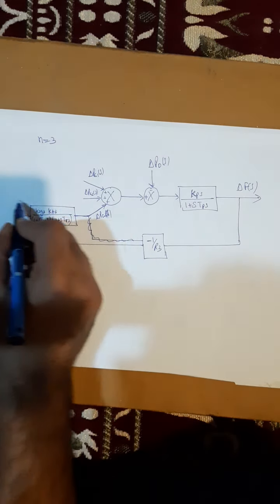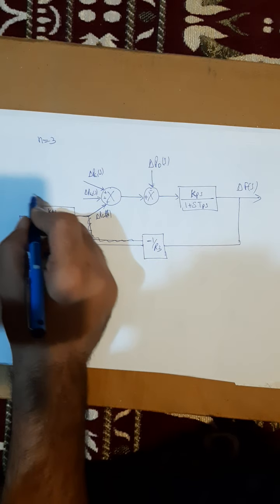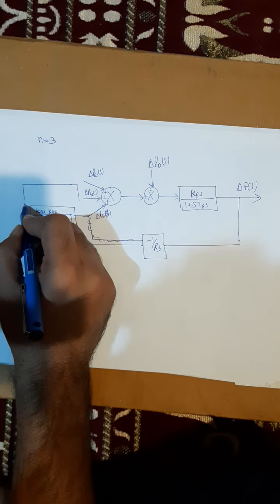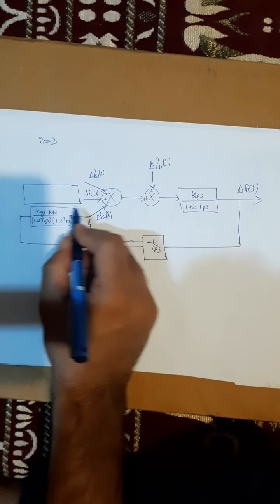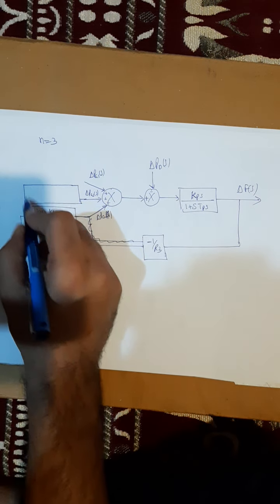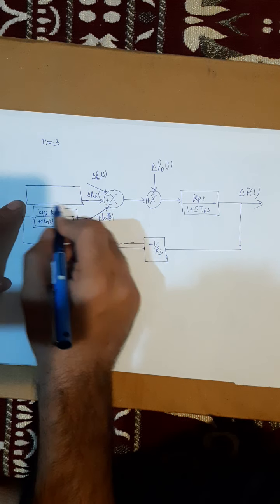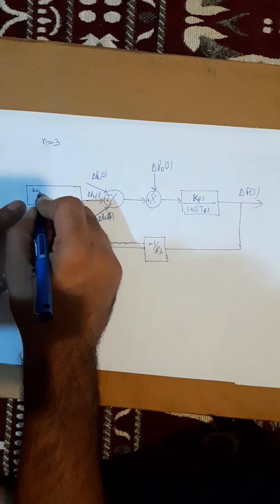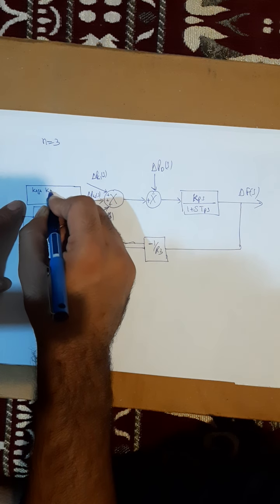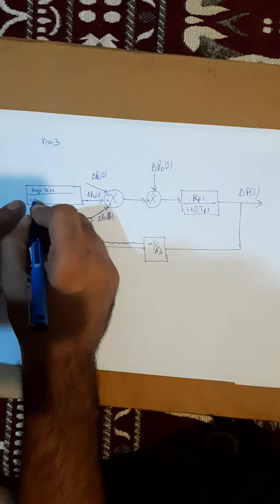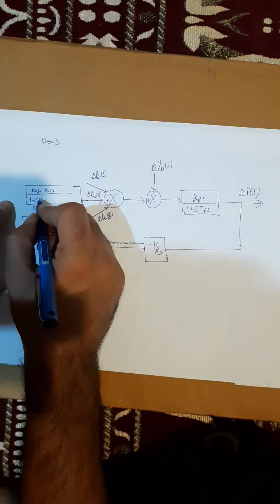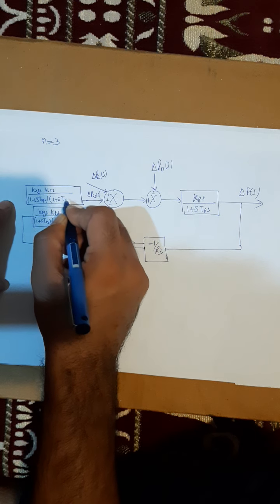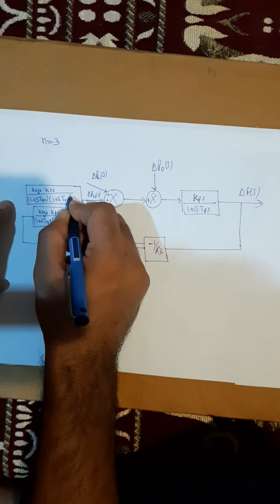Then I have another block here, which is the input to the second generator, the second turbine and governor block. It will be KSG2 into KT2 whole divided by (1 plus s TSG2) into (1 plus s TT2).